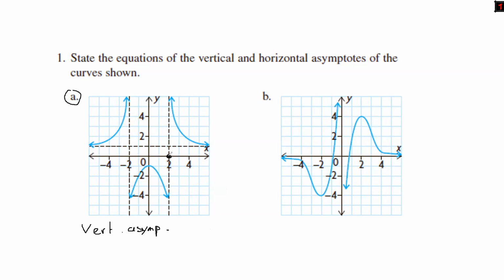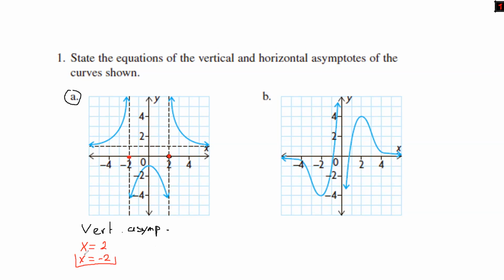Let me change my pen color. 2 values of x. And what are those values? 2 and -2. Absolutely right. So we have 2 vertical asymptotes. One of them is x equals 2, and the other one is x equals -2. Am I right? Yeah. So basically this is the equation of our vertical asymptotes.